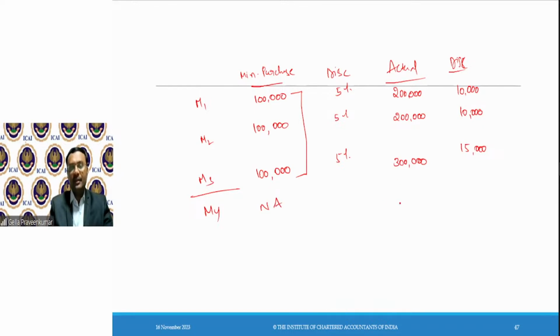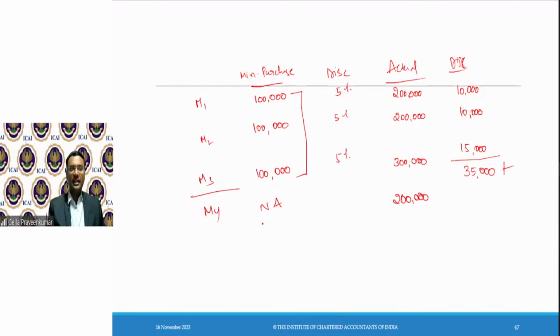My actual purchase for month 4, assuming I made it for 2 lakh. So here, the GST law says that now I can give the total discount of 20 plus 15, 35,000, as a reduction in my value of supply.